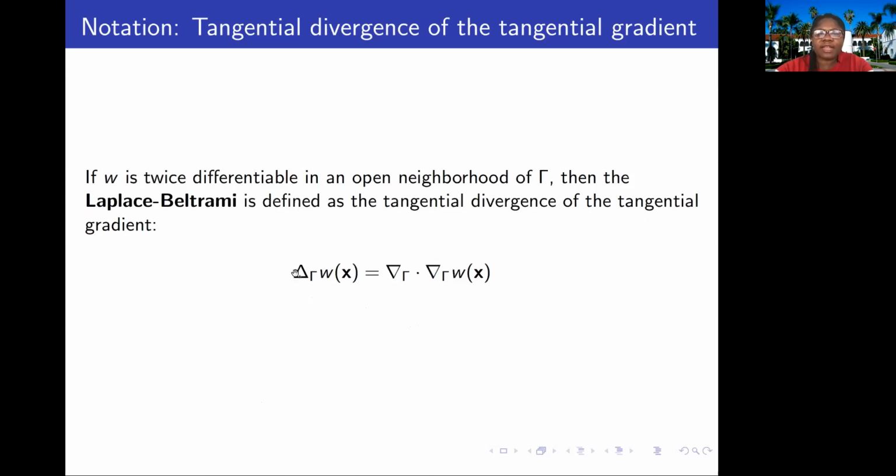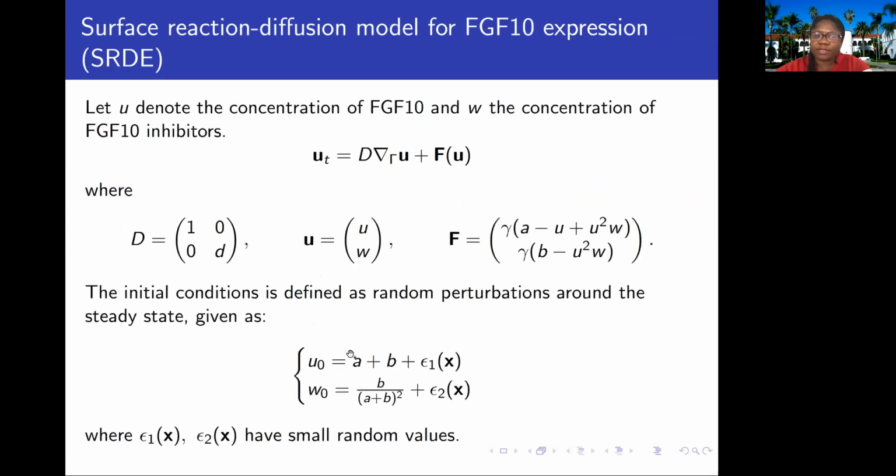It requires you to take the second derivative of your function W, so you have the first tangential gradient and another tangential gradient. When you take the dot product, you get the Laplace-Beltrami operator. So we need the function to be twice differentiable in order to write down the expression for the Laplace-Beltrami operator.